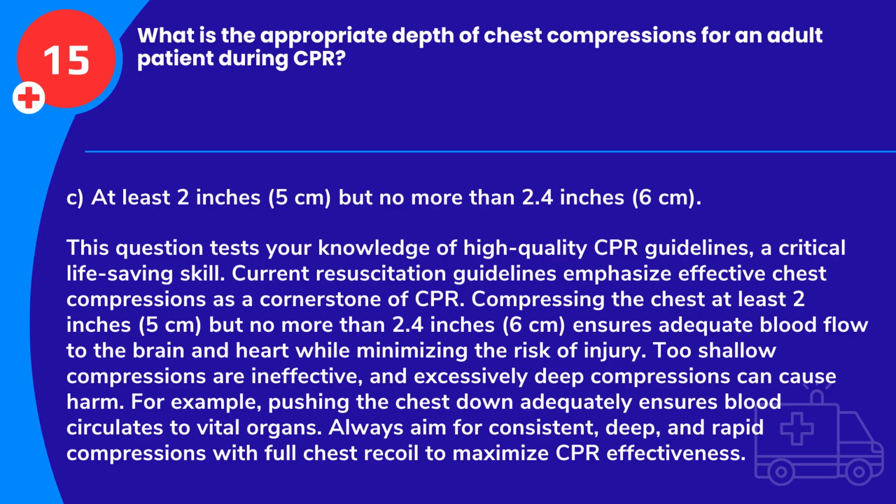Compressing the chest at least 2 inches, 5 centimeters, but no more than 2.4 inches, 6 centimeters, ensures adequate blood flow to the brain and heart while minimizing the risk of injury. Too shallow compressions are ineffective, and excessively deep compressions can cause harm. For example, pushing the chest down adequately ensures blood circulates to vital organs. Always aim for consistent, deep, and rapid compressions with full chest recoil to maximize CPR effectiveness.